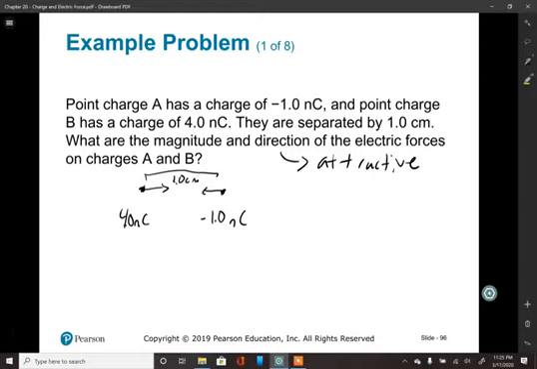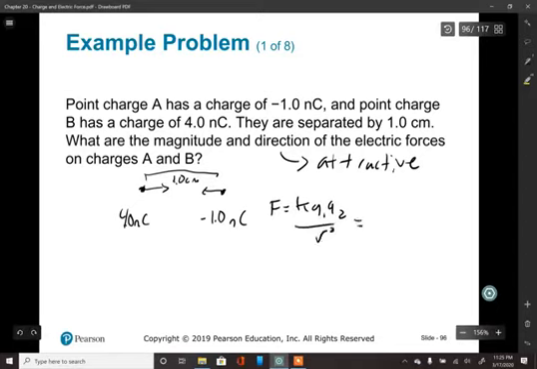The magnitude comes from Coulomb's law. So K Q1 Q2 over R squared. So we plug those numbers in, 9 times 10 to the 9th. Many, many times we're going to be dealing with nano as a prefix for charges. Nano is 10 to the negative 9th. And I'm out of space, so I have to go down here.